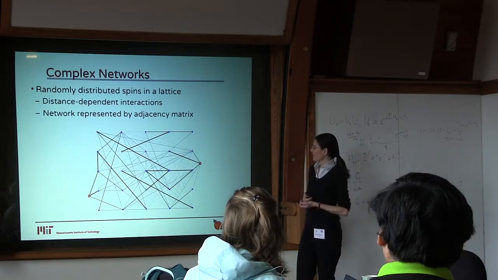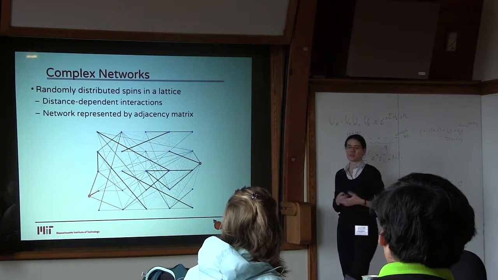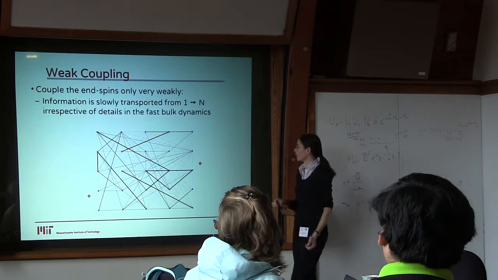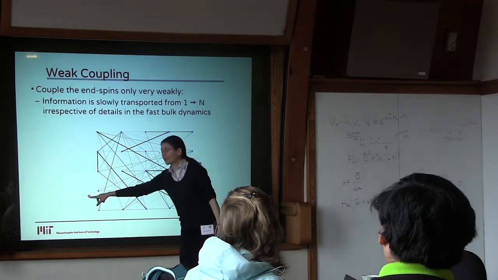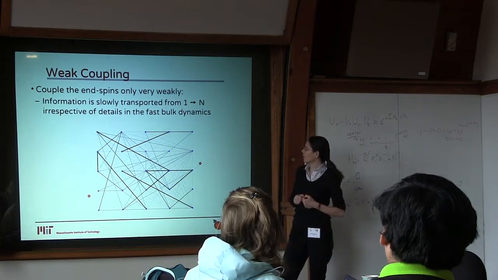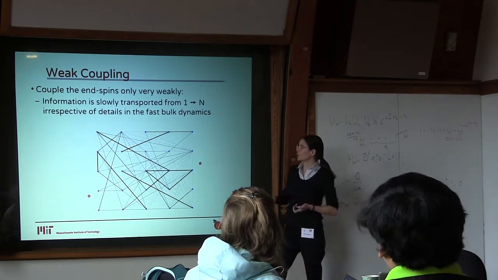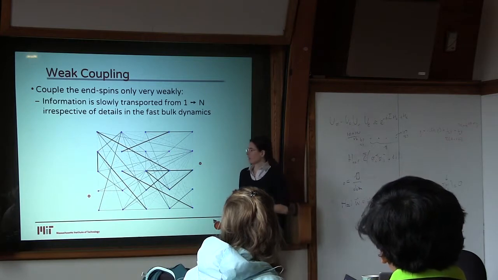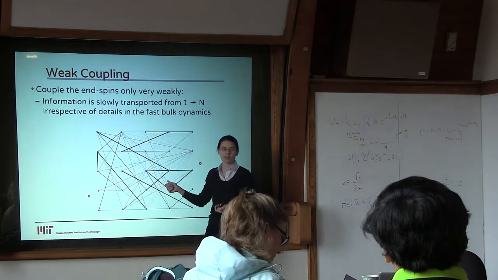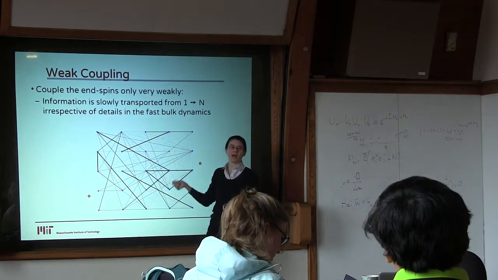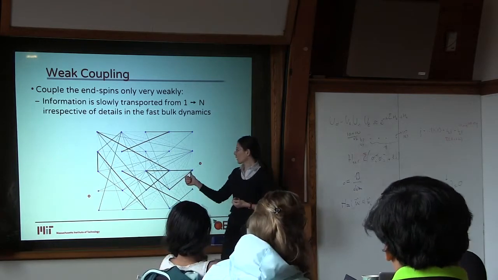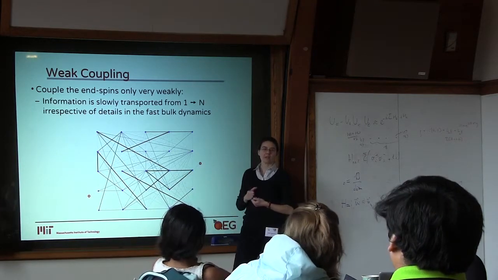So it turns out that actually you can achieve something which is not bad if you do the following trick. What you want to do is to connect very weakly the initial and final spin of your network, the source and target of your network, to the rest of the network. And the idea is that now you pump some information very weakly into this complex network. The information bounces around with very fast dynamics, and then very slowly trickles out on the other end of the network.